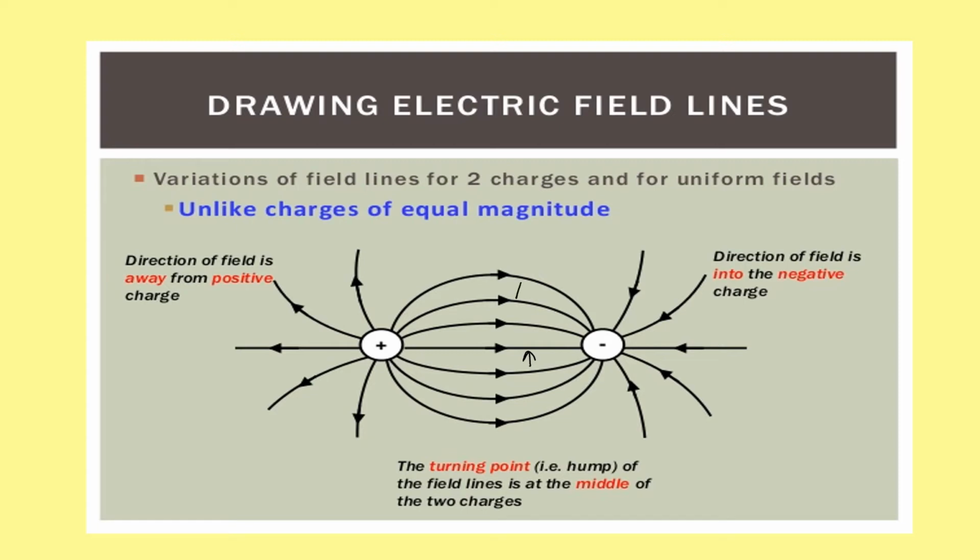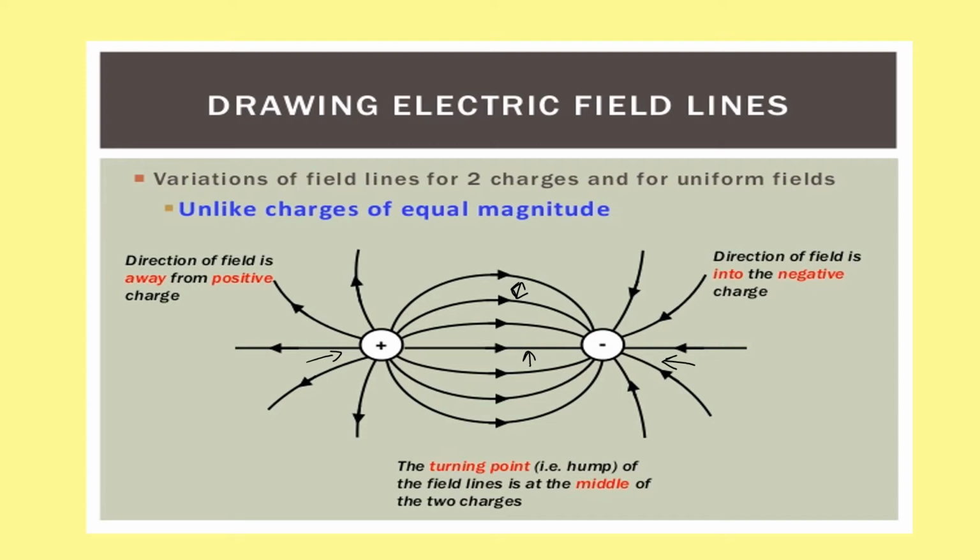The spacing in between the field lines give an indication of the strength of the electric field. At the ends of the charges, here and here, we can see that the field lines are very close to each other. So here the electric field is at its strongest point.